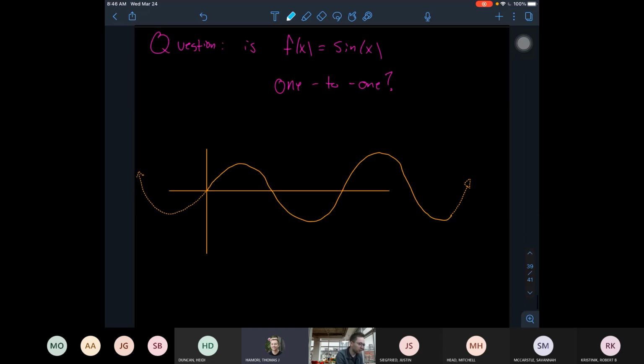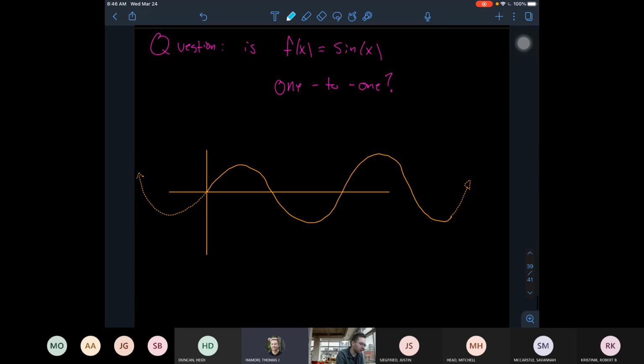Okay, and let me ask, does anybody have an argument for why they think that this function should be one-to-one or not one-to-one?